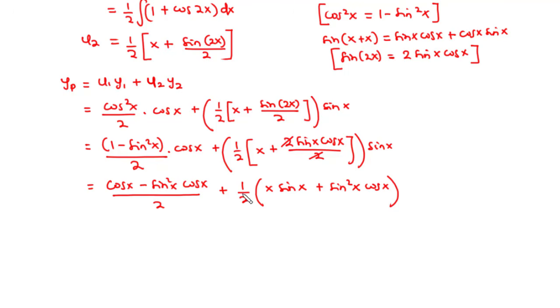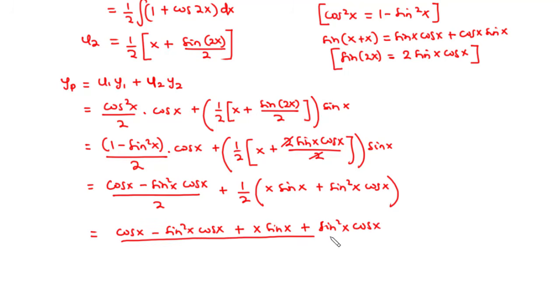Now notice that 1 over 2 affects each of the terms in here, so we can simplify this as cos x minus sin square x cos x plus x sin x plus sin square x cos x, all over 2.